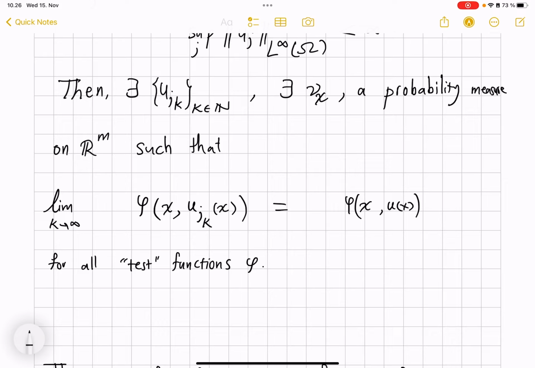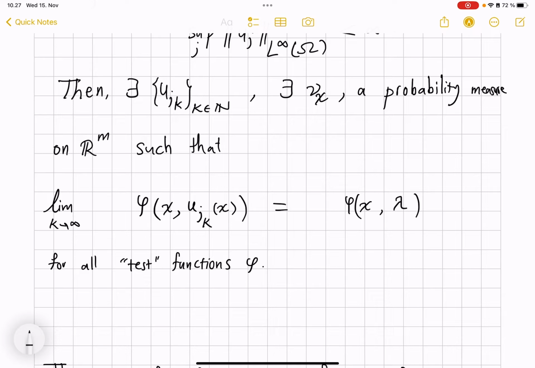So if u_jk do not really converge and they oscillate, the way for them to not converge, because they are bounded, is to oscillate. So then they visit many different values. So they visit many different lambdas for Rm. So these are mapping into Rm. So x is fixed, but as k changes, these functions visit many different lambdas.